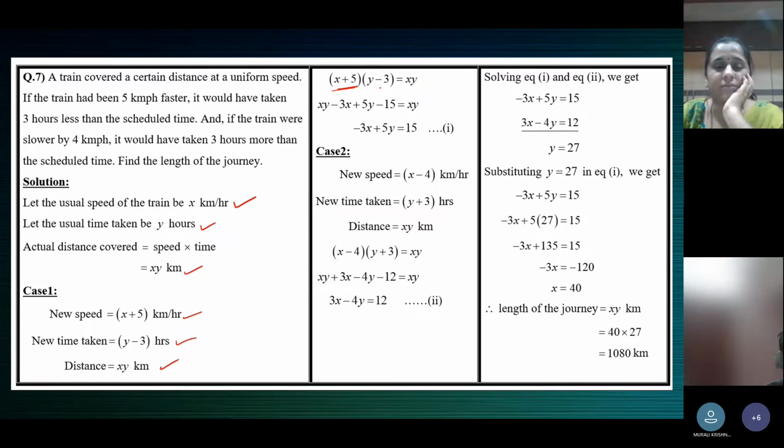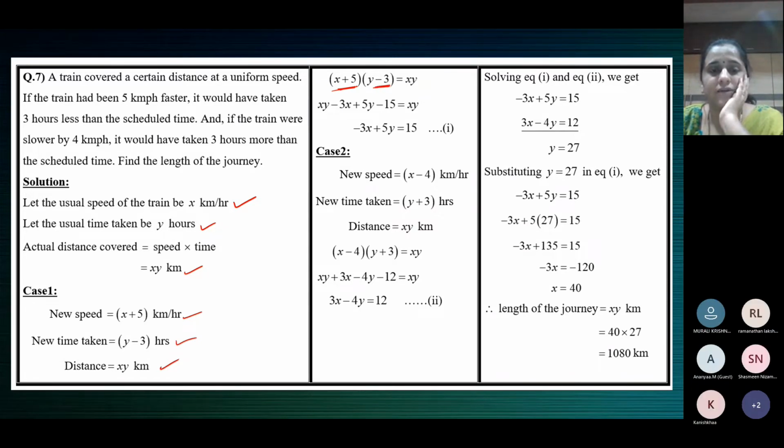This is the new time taken. Speed into time is the same distance xy. The formula used is speed into time is equal to distance.